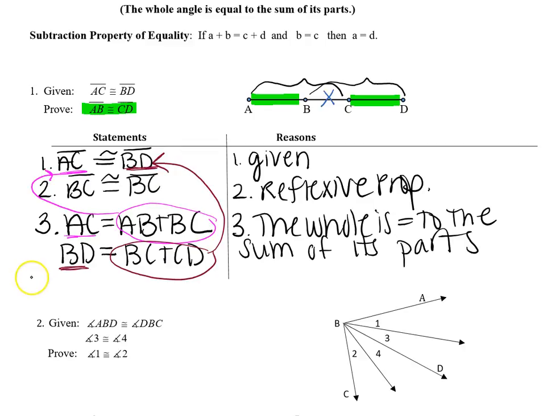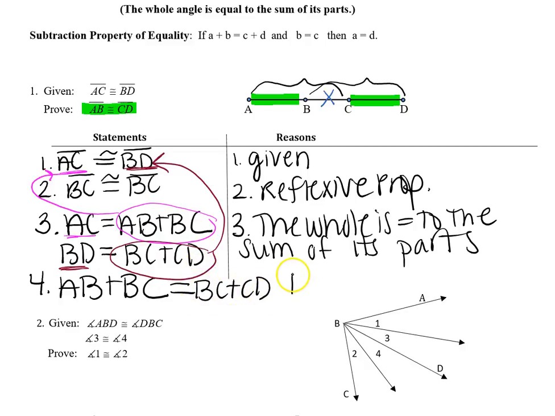So I'm going to rewrite this. Instead of AC, I'm going to write AB plus BC is equal to, now BD, instead, I'm going to write it as BC plus CD. That's just a substitution.